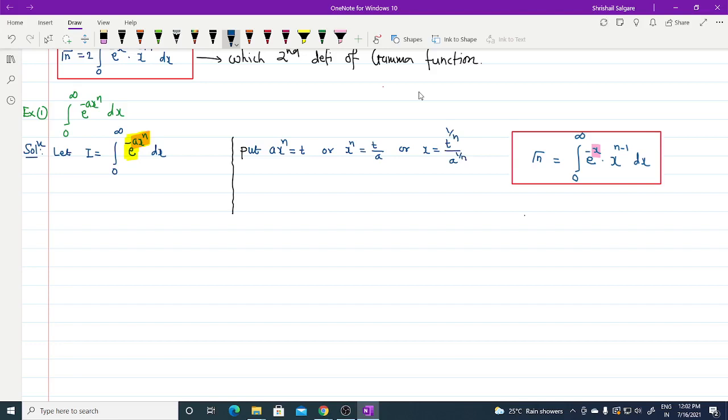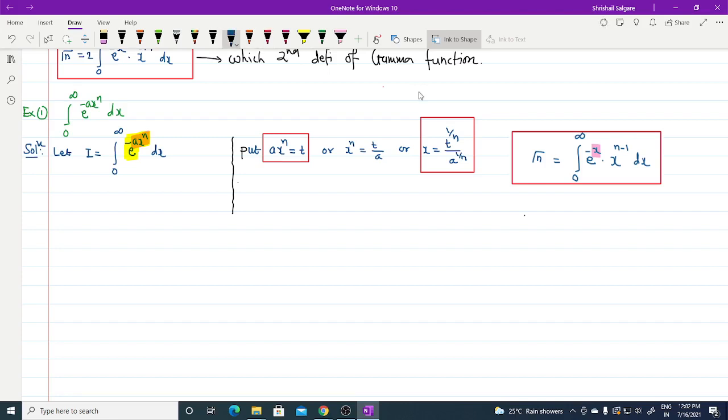So what I did here, both side I am taking nth root, either this or this you may use as a substitution. Okay, now differentiate directly the first one.